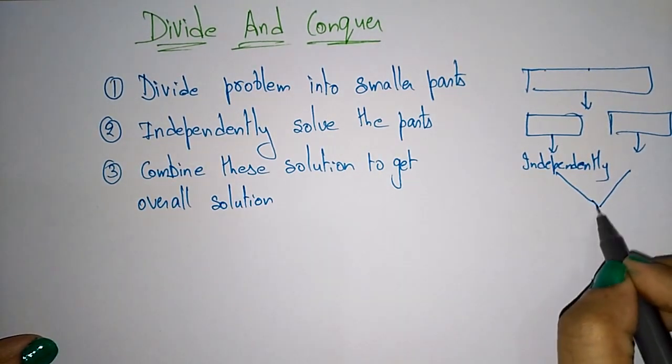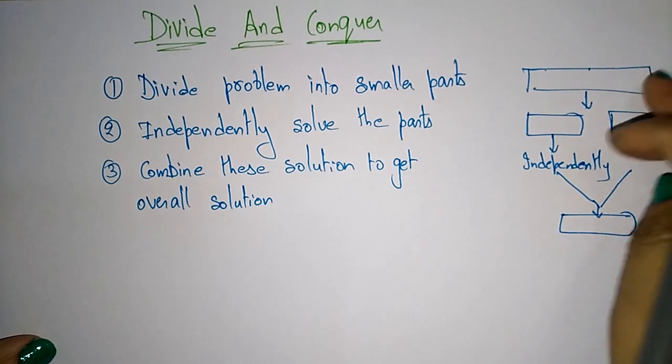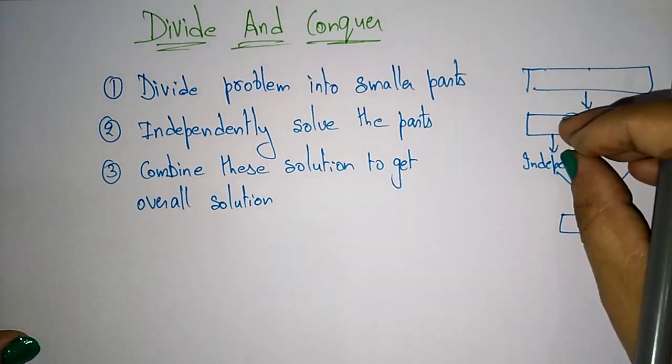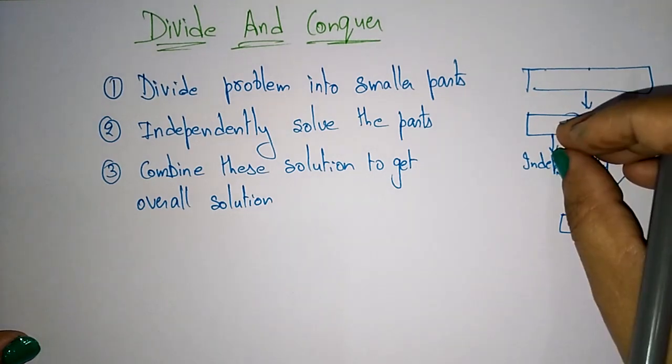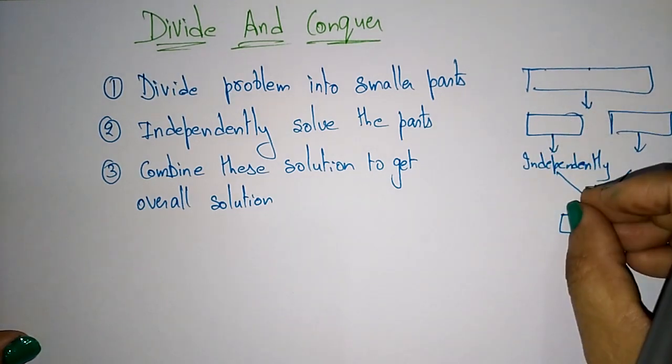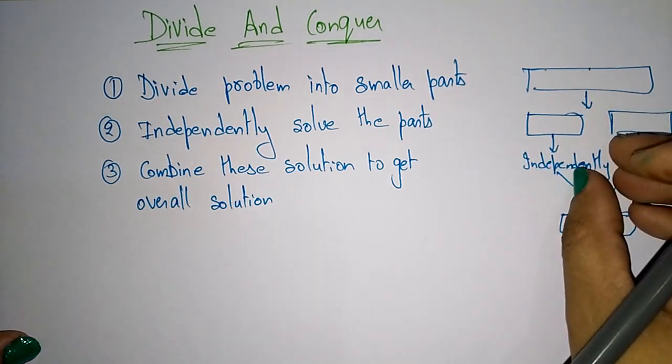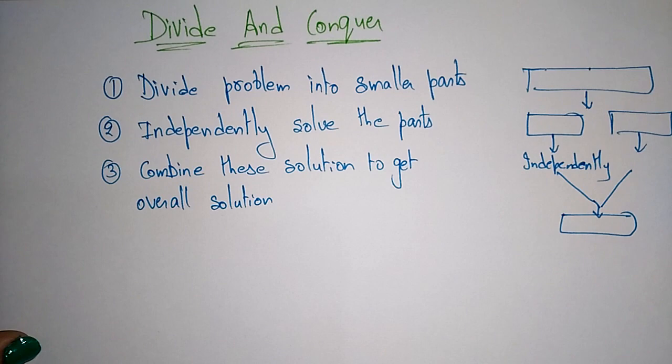So first take a problem, divide the problem into smaller parts, solve the smaller parts independently, and combine the solutions you get for the independent parts to get the overall solution. These are the steps involved in divide and conquer.